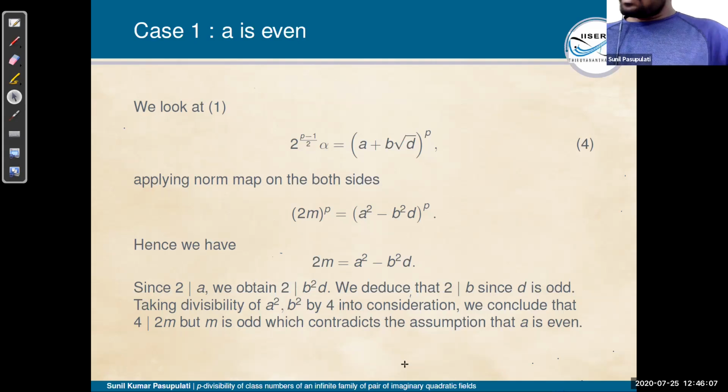Since D is the positive part of 1 minus 2 m to the power p, which is an odd number, D is also odd. So 2 divides B. Now 2 divides B and 2 divides A, so 4 divides A squared and B squared, which implies 4 divides 2m, which means 2 divides m. But the m we have taken is the odd power, which contradicts the assumption that A is even.